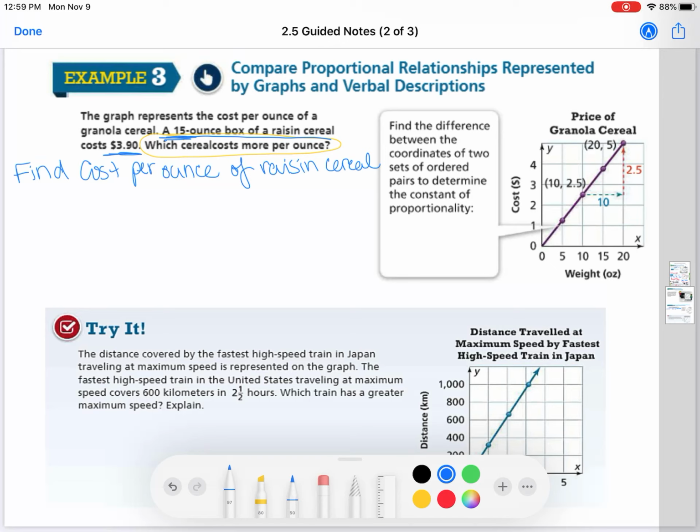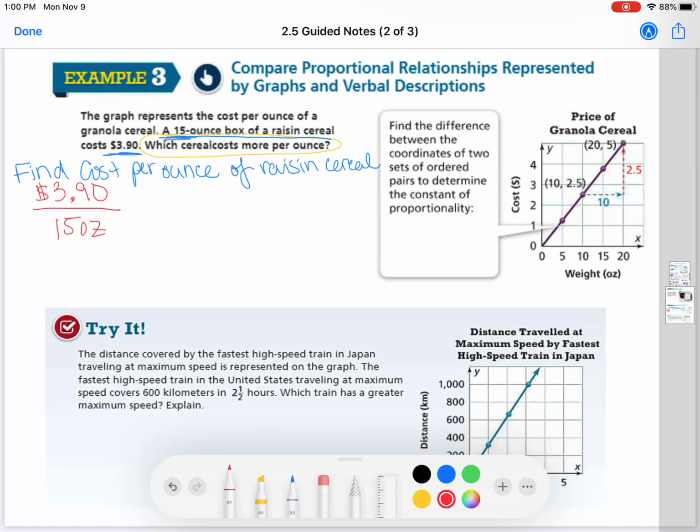We want to find out, well, what does it cost per ounce? So we're going to set up the proportion like we've practiced. So that means we're going to take the $3.90 per every 15 ounces. That's how we're going to set up the fraction.